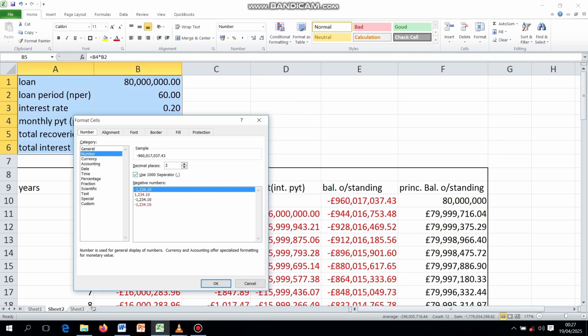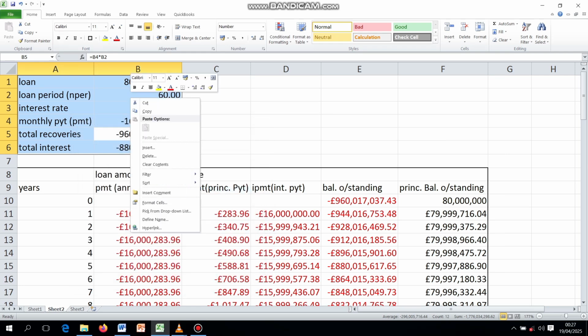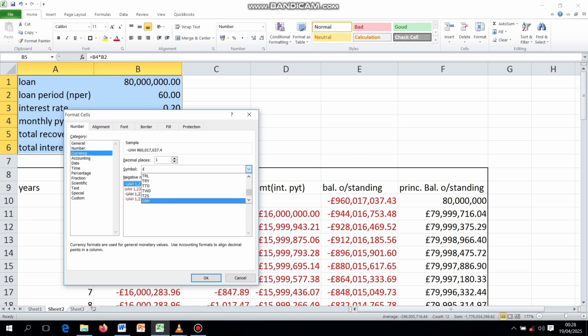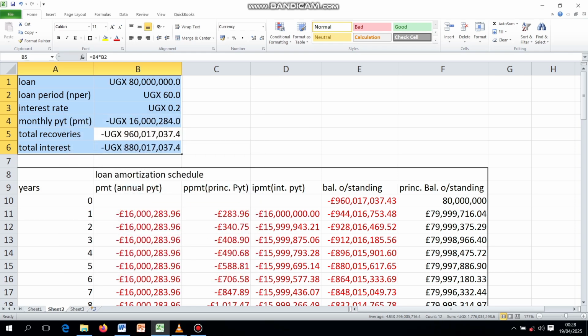But it was already there. Press OK. So I'll just go to format, and I put the currency, which is U, is UGX. And if it's okay, everything is there.